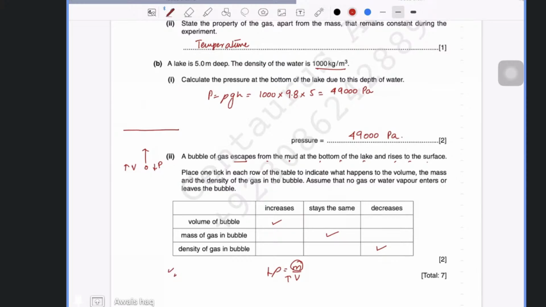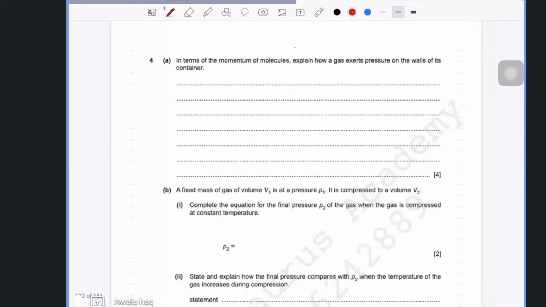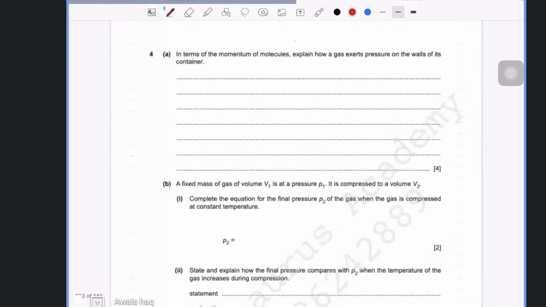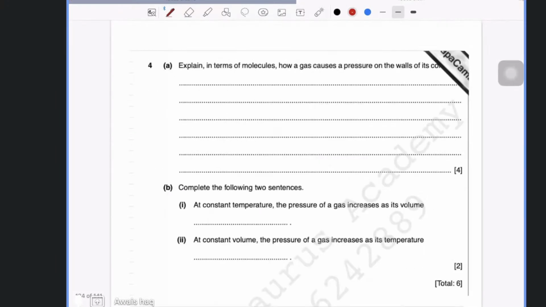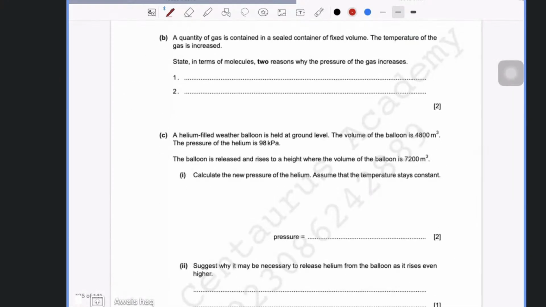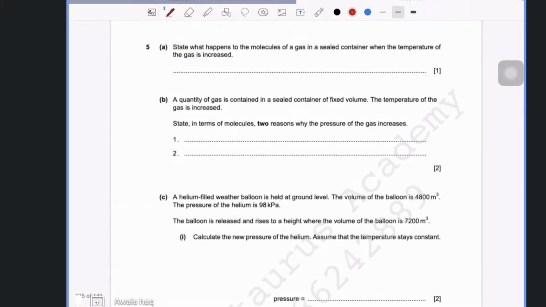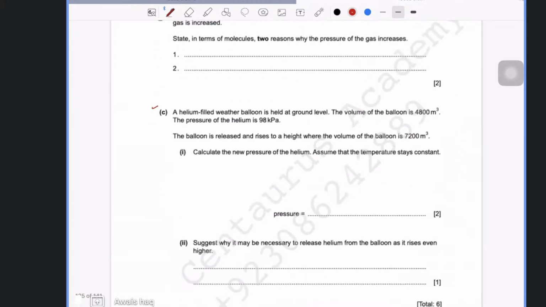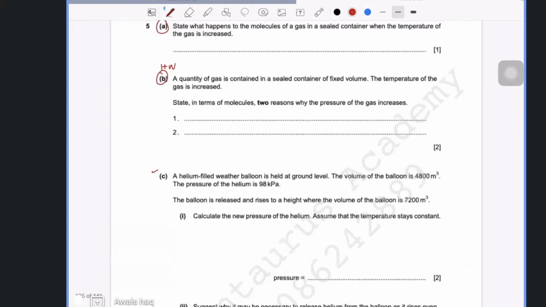Right, then going to this one. This question, I told you to do it as homework, and the same and the same. These ones are for homework because they are very similar. I would do this one and obviously the next one as well. It says a helium weather balloon is held at ground level. The volume of the balloon is 4800 and the pressure of helium is 98 kilopascals. The balloon is released and rises to a height where the volume is now this one. Calculate the new pressure.